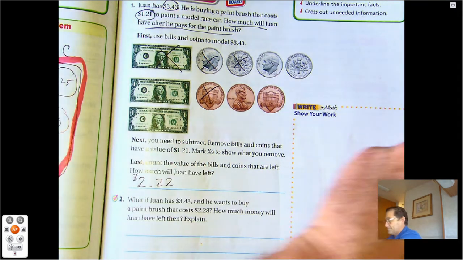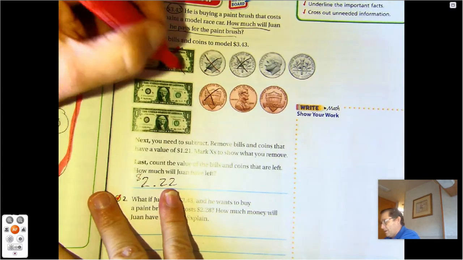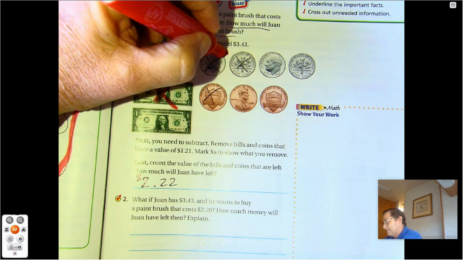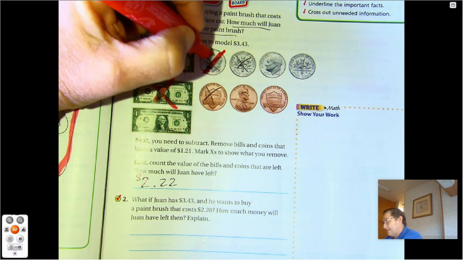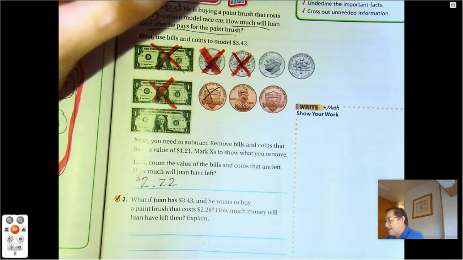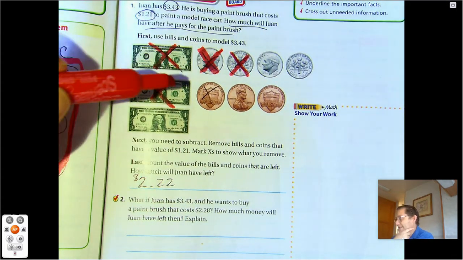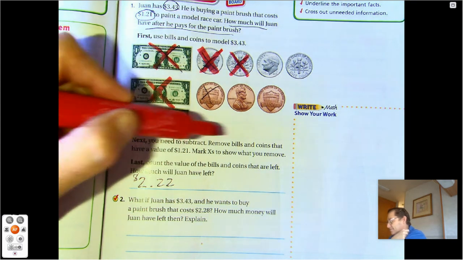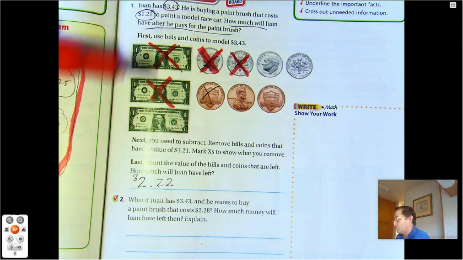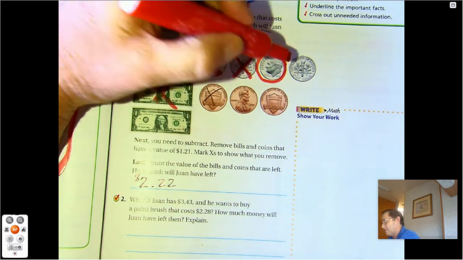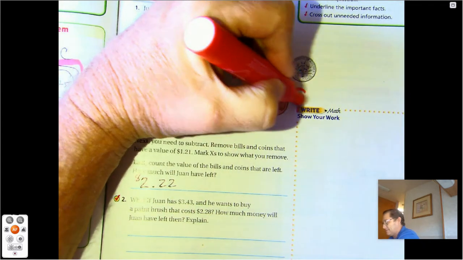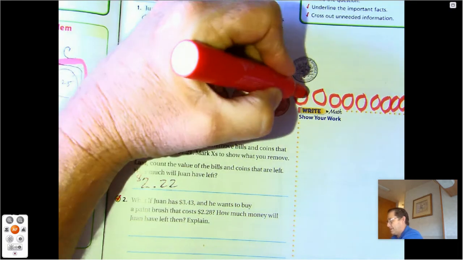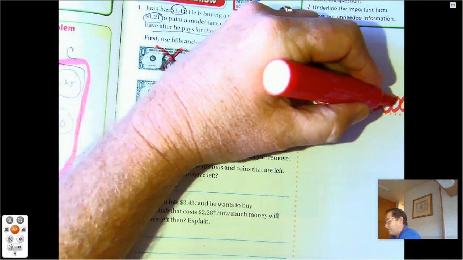So in this case, we could say 1, 2, 10, 20, and then you'll notice, well, gee, I can't take away 8 here, right? So I would have to trade the 10 dimes for 10 pennies. Okay, and I'm just going to put 1 in those because that's the value of the penny, right?